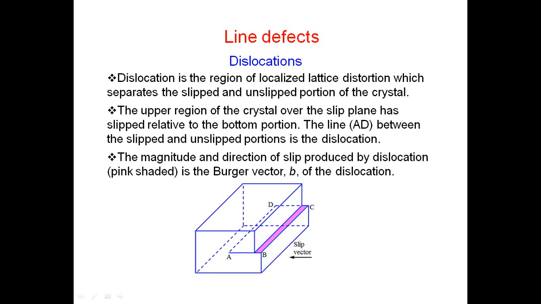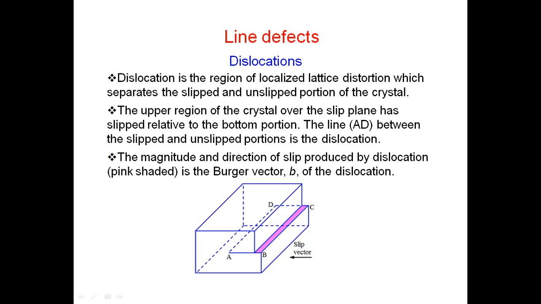The dislocation is the region of localized lattice distortion which separates the slipped and unslipped portions of the crystal. The upper region of the crystal over the slip plane has slipped relative to the bottom portion. So the line AD between the slipped and unslipped portion is the dislocation here.